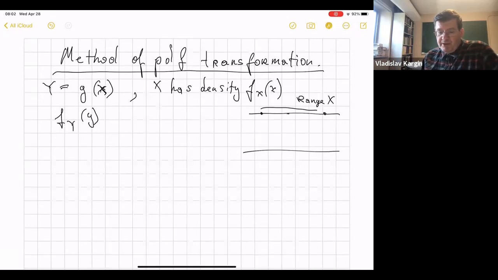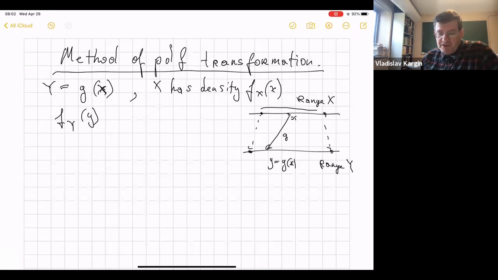So here is some x and it's mapped to some y. This is a transformation g. So y is equal to g of x. And the range of x is mapped to the range of y.